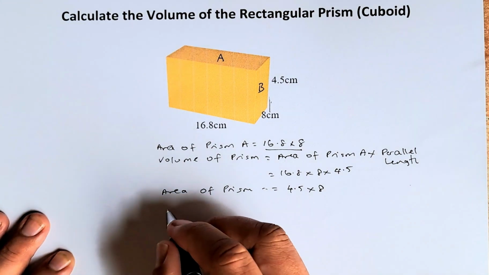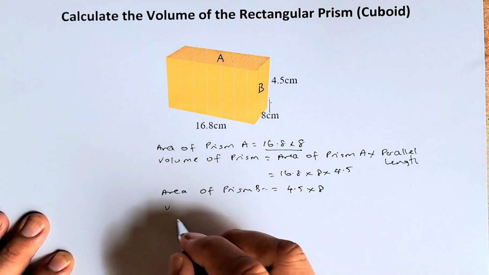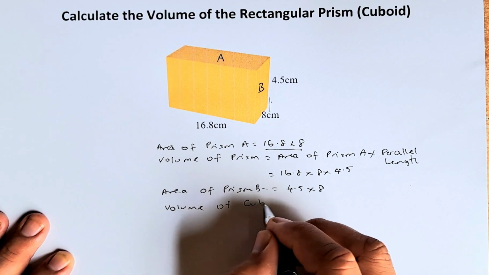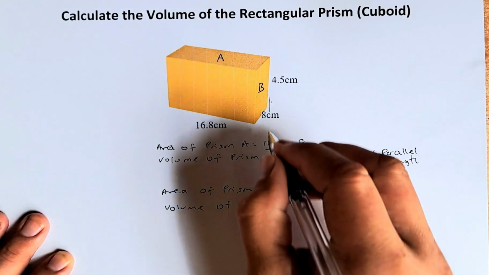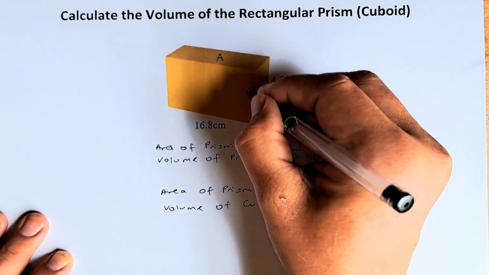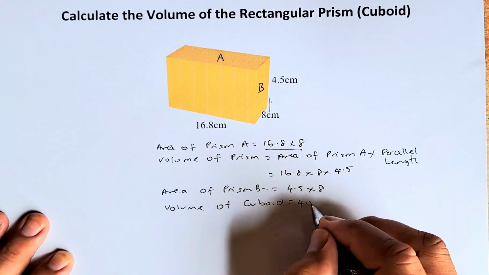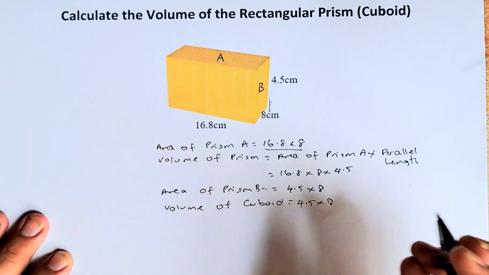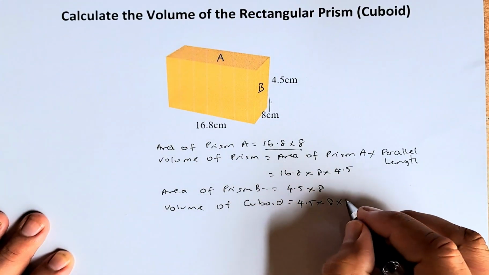To get the volume of the cuboid, we take the area of prism B, 4.5 times 8, and multiply by the parallel side, and this time the parallel side is 6.8.